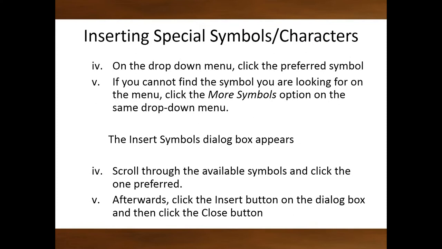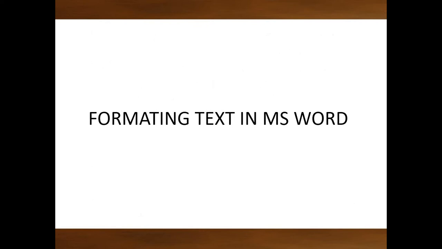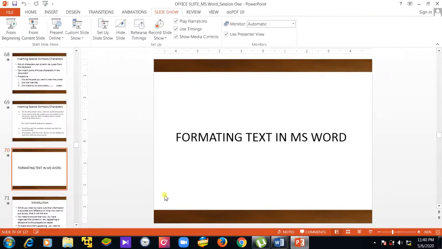Scroll through the available symbols and click the one preferred. Step 7. Afterwards, click the Insert button on the dialog box and then click the Close button. Let us look at how we insert symbols.